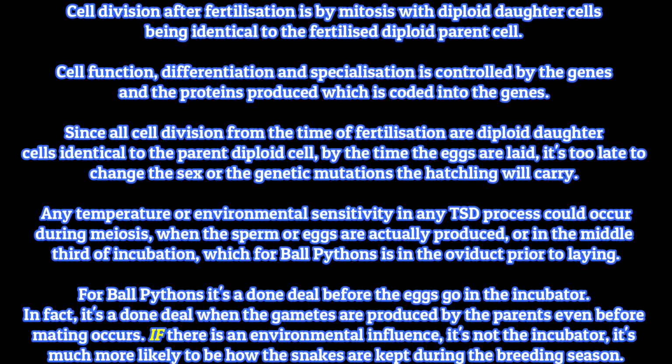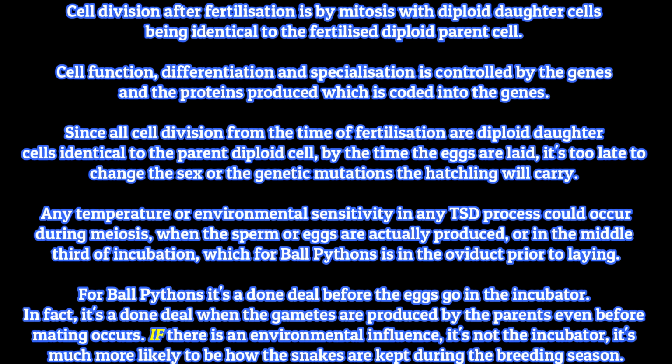So when the female ovulates and eggs meet sperm, both the sex and the morph of each individual snake is already determined.